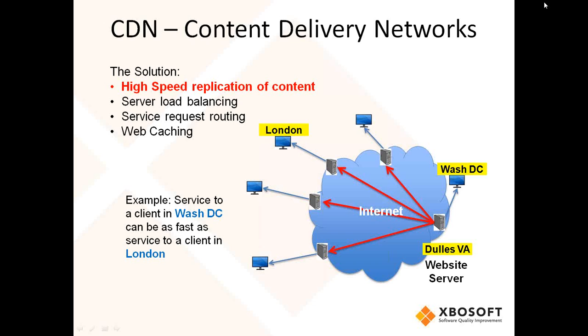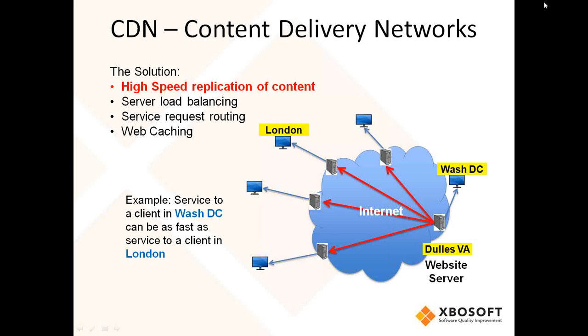And so when I get a request from London, the data gets delivered from a server that's on the boundary of the internet, in very, very close proximity. So the network is not bogged down, especially if you're dealing with very high content, like streaming video or a large file.